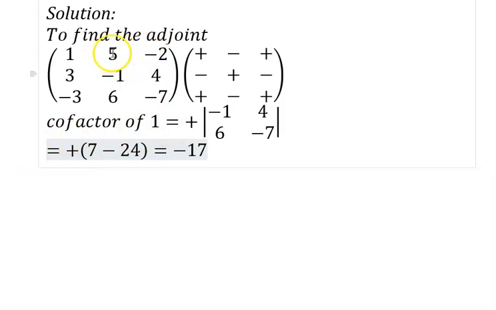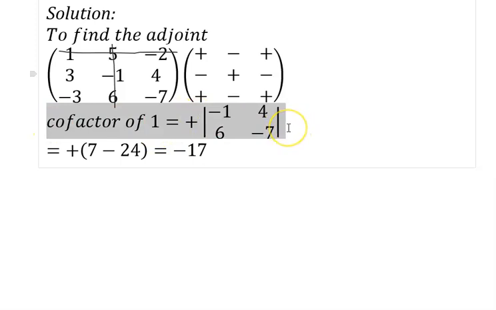So we'll move straight to the next one. Cofactor of 5 now, this one here. That's the next one. Okay, let's get this as a template. It will help us.